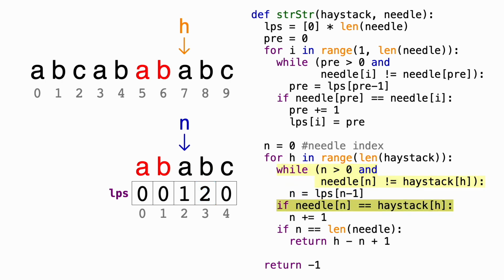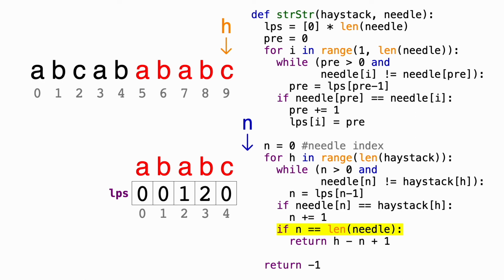Now we can see that the third characters do match, so let's move up both pointers, and now the B's match. And finally, on our last iteration, the C's match as well. So since the last letters matched, we're going to increment n to 5, which now makes it equal to the length of the needle.